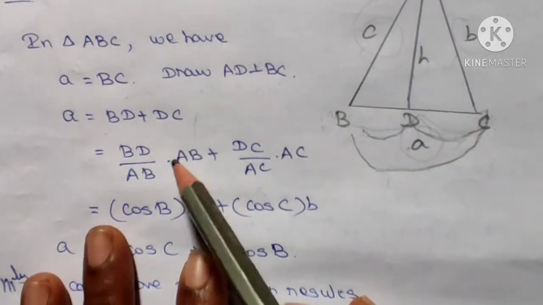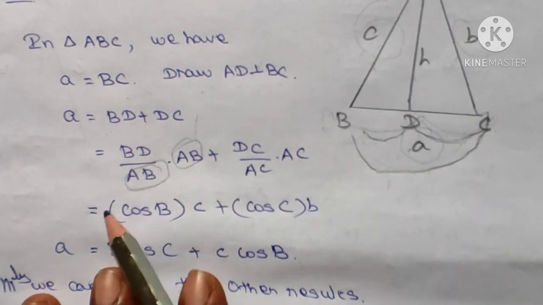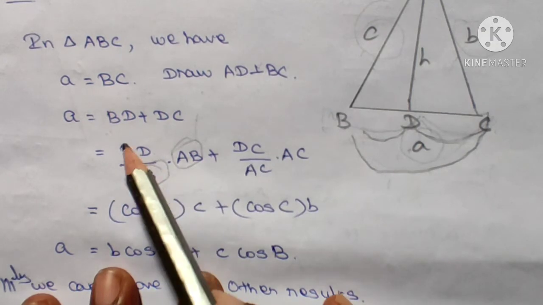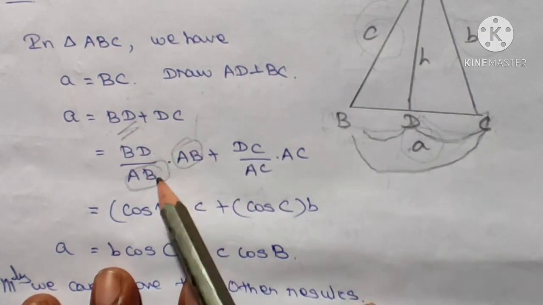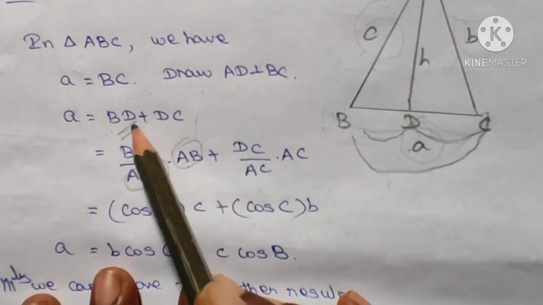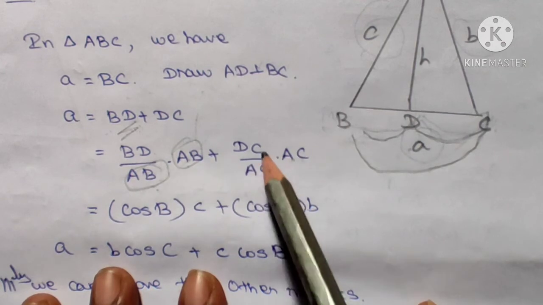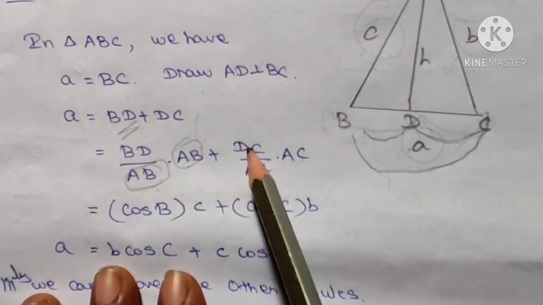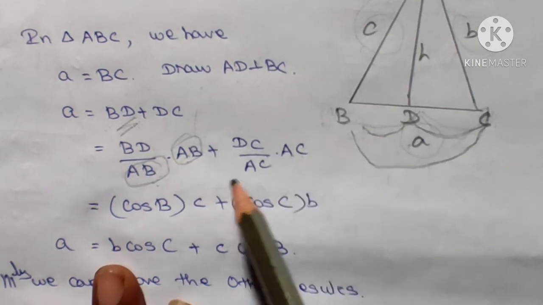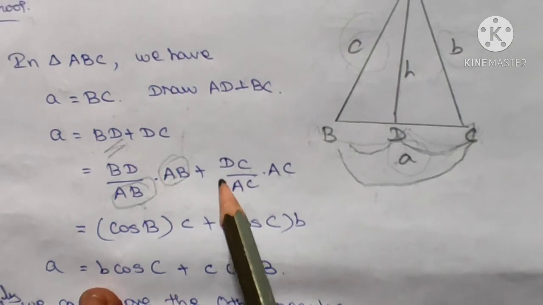Now one small adjustment: you multiply and divide BD by AB. So AB and AB cancel, again we get BD only. So one small adjustment, you multiply and divide by AB in the first term, and by AC in the second term. So BD by AB into AB plus DC by AC into AC. So BD by AB, see the figure and find out the answer.